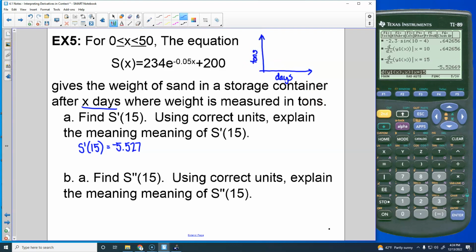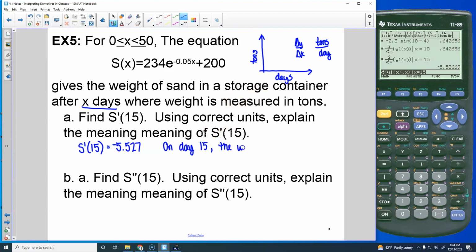So if we're looking at the derivative, we are taking the change in y over change in x, the slope of this graph, which will be tons per day. And so since we are plugging in 15, that would mean on day 15, this function measures the weight of the sand.